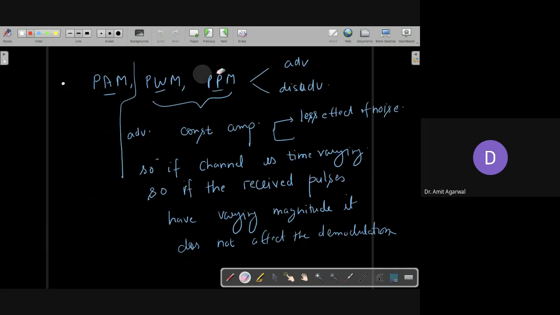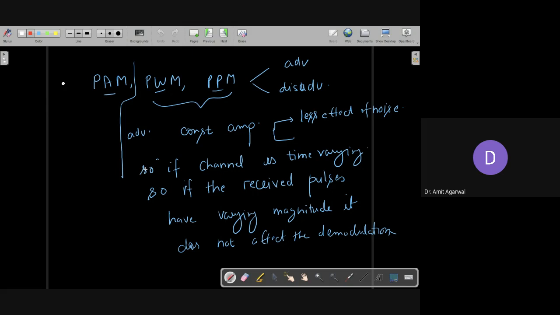Each of these schemes has some advantages and some disadvantages. If you want to understand one particular case where PWM and PPM are advantageous over PAM, can you give me one example? Just read it and tell me.